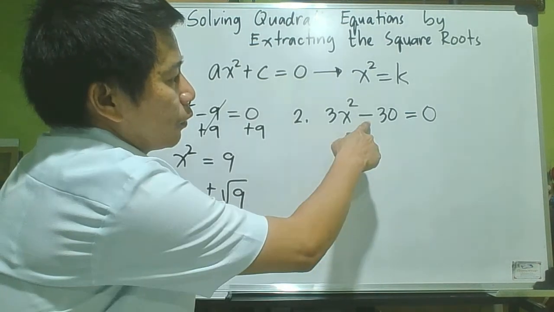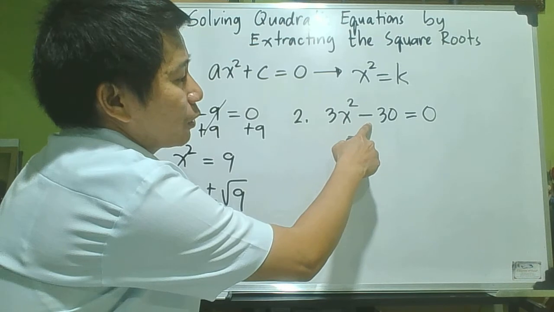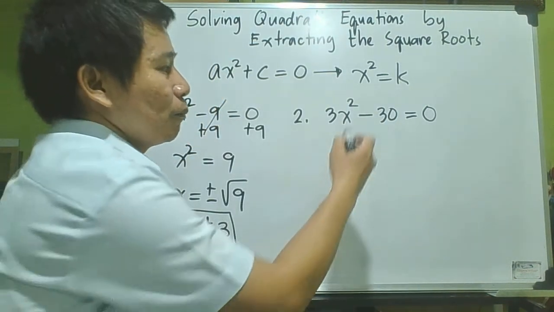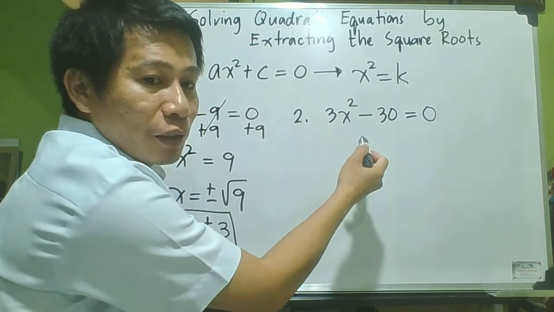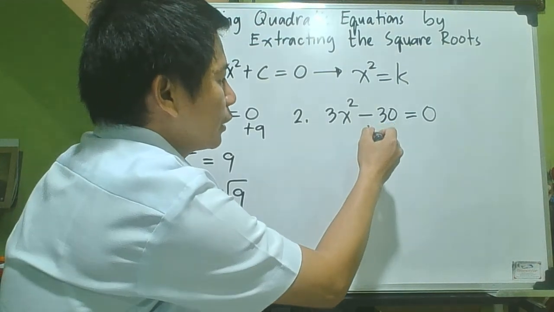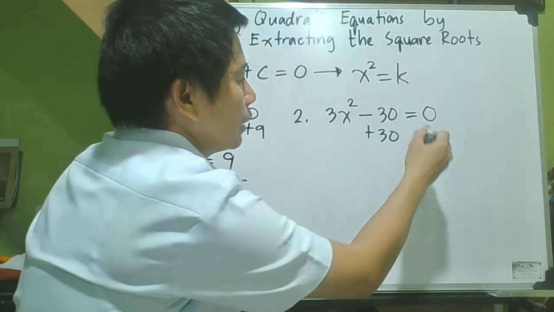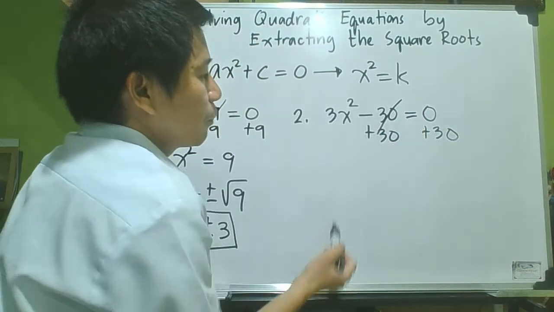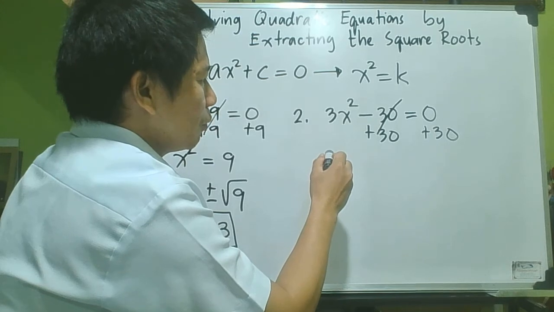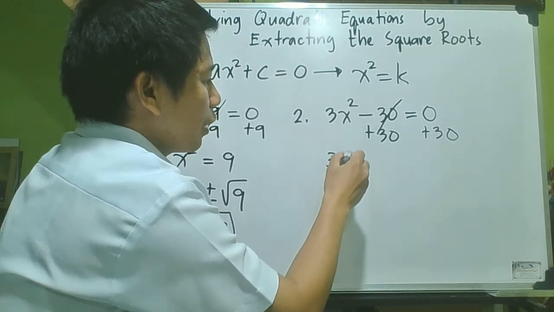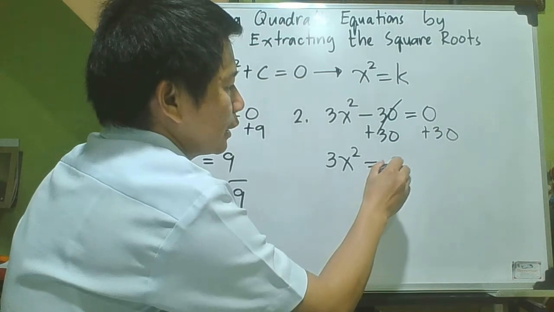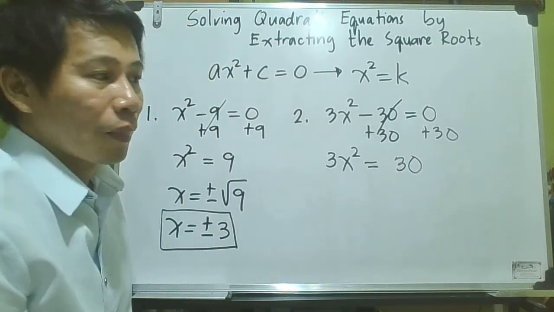So, we have to isolate negative 30 to the right side by applying the addition property of equality. So, we will add 30 to both sides. So, this will be cancelled. So, the resulting equation will be 3x squared is equal to 0 plus 30 is 30.